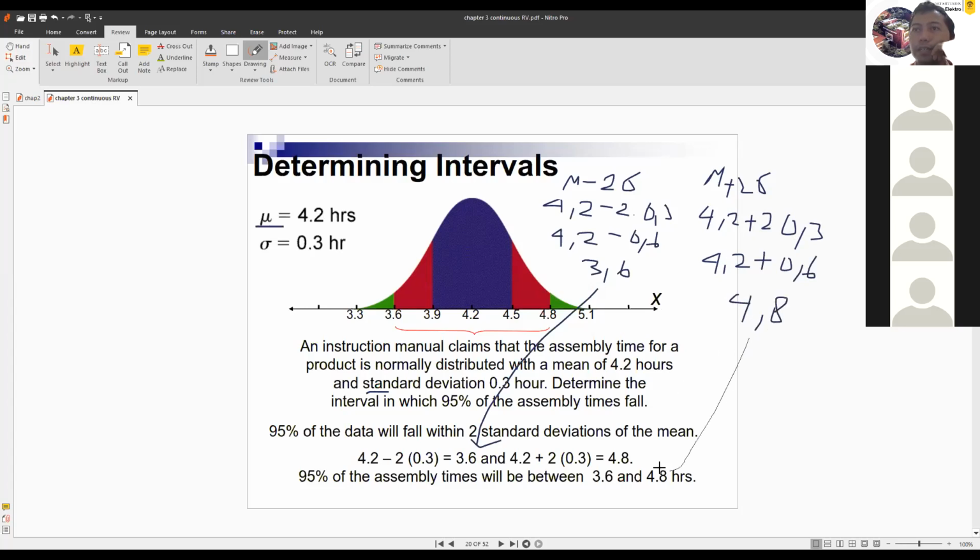Okay, we arrive at this point. So 95% of assembly times will be between 3.6 hours and 4.8 hours.